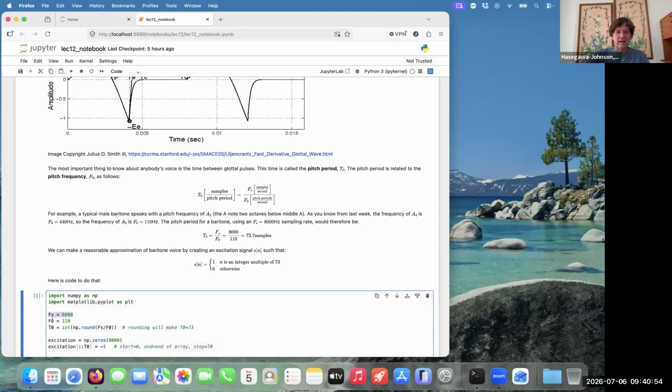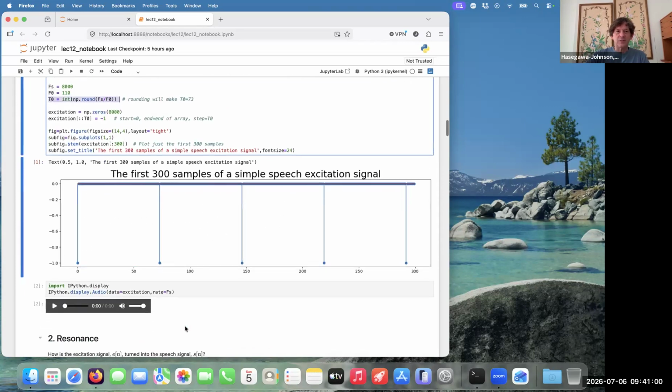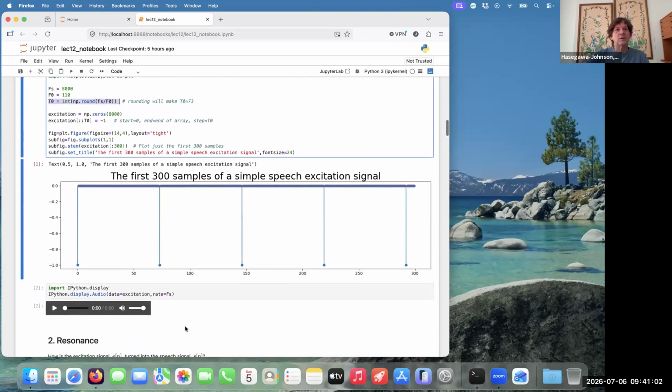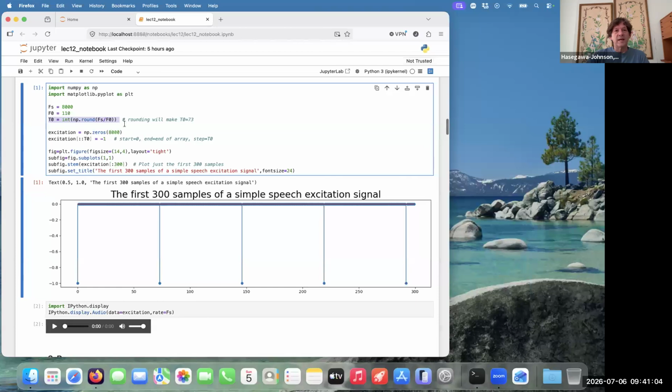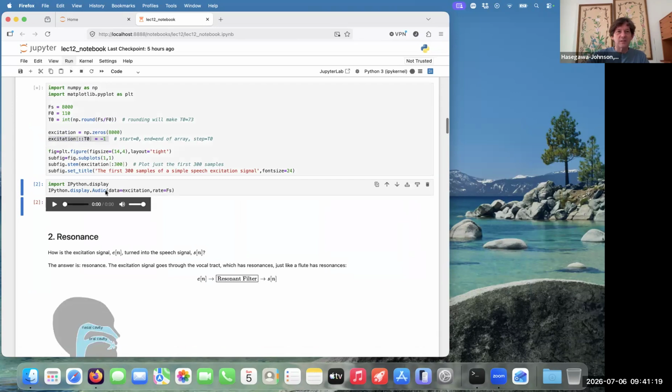So let me say that 8,000 is the sampling frequency, 110 is my pitch, and T naught, the pitch in samples, is 8,000 over 110, which will be about 73. Then let me create an excitation signal, which is just 1 second worth of zeros. And once every 73 samples, I'll create a -1. And then if I plot that, it looks something like the image that I had shown before.